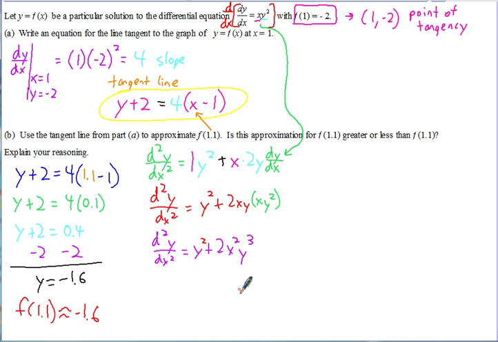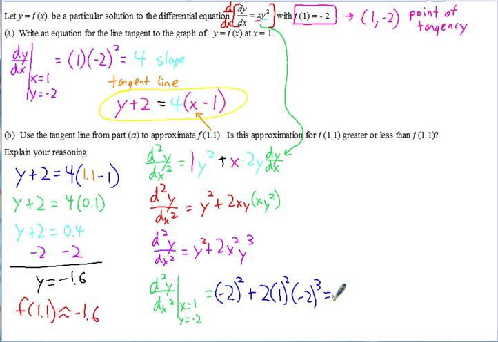And again, what we want to figure out is, is the second derivative positive or negative at our point of tangency? So let's go ahead and substitute those in. The second derivative, specifically when x equals 1 and y equals negative 2, will give us negative 2 squared plus 2 times x, which is 1 squared, times negative 2 cubed.